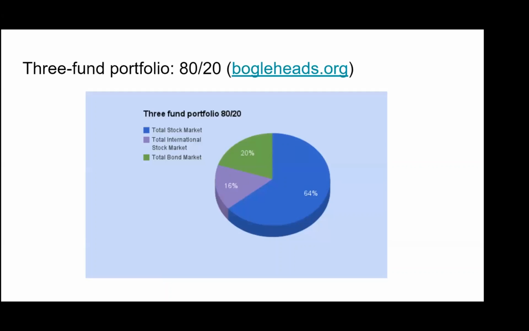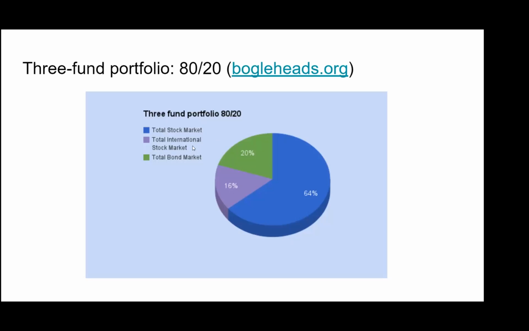So here are a few examples, going back to the original question. Here's an example of a three-fund portfolio, this is an 80-20 ratio, and they have the 80%. So here they have a 20% allocation. 16 divided by 80 is 20%.